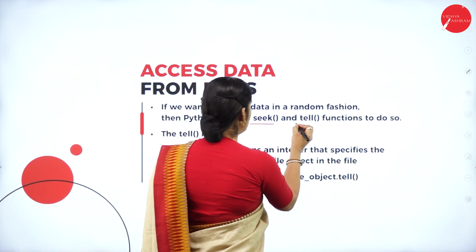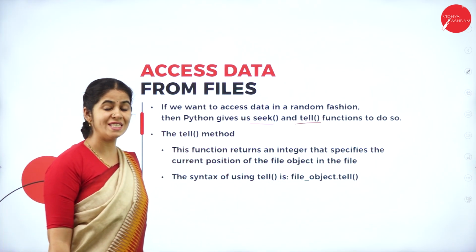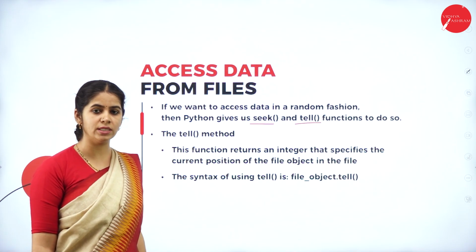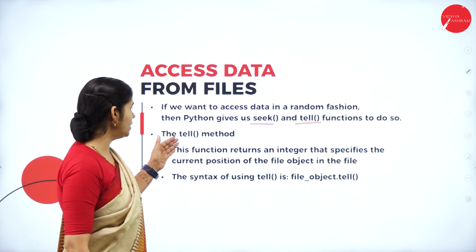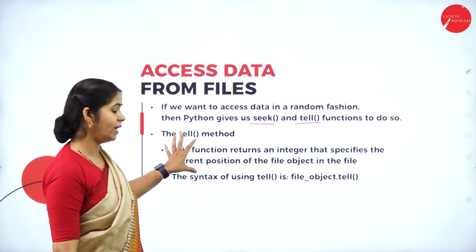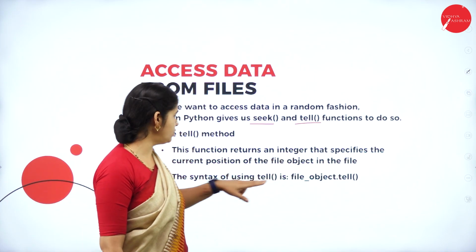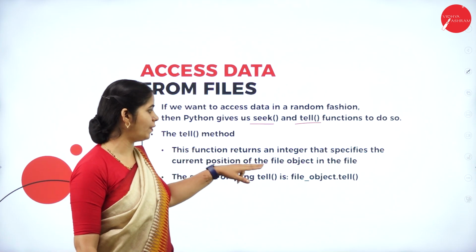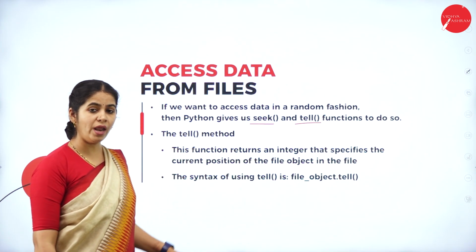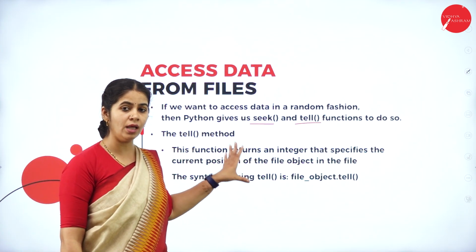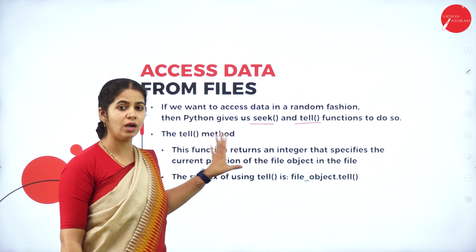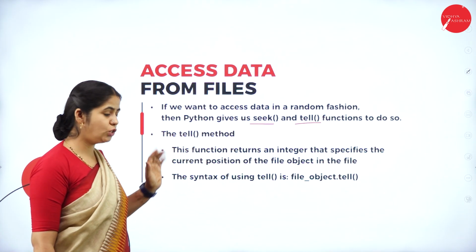We use two inbuilt functions called seek and tell to access the data. The tell method tells the current position. The function returns an integer that specifies the current position of the file object in the file. Where exactly a particular thing is present, it returns that integer value.